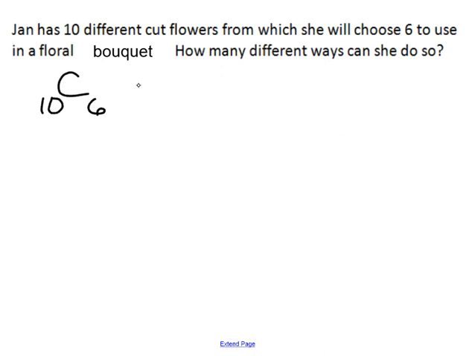So that's going to be 10 factorial over 10 minus 6 factorial, and then 6 factorial. Notice these two, they're going to just add up to be 10. Just like in the last one, the 3 plus 5, those added up to be 8. 10, 9, 8, 7, 6, 5.